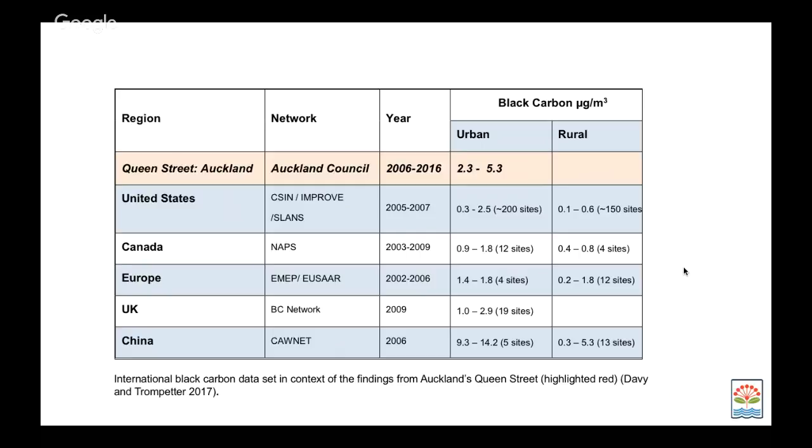These other networks are similar sorts of networks for collecting black carbon concentrations from around the world. And at Queen Street, the annual average varies between 2.3 and 5.3 micrograms, compared to less than 1 microgram at most for most other monitoring networks in other developed areas of the world.